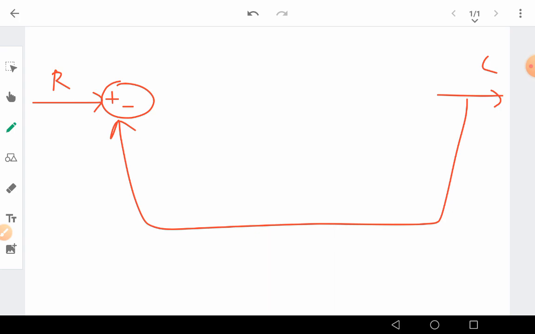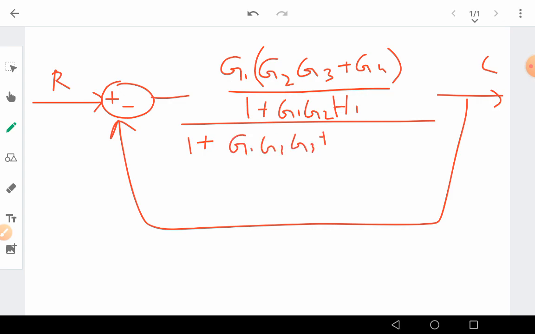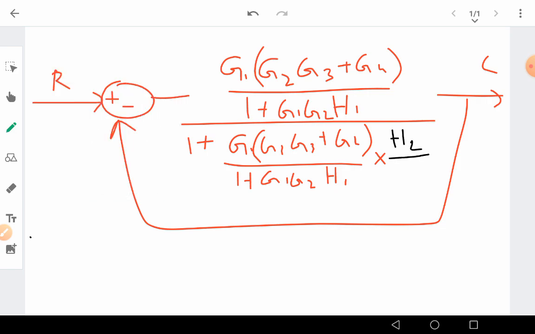Now we have simplified that thing into forward gain g1 g2 into g3 plus g4 divided by 1 plus g1 g2 h1, this was our numerator, divided by 1 plus the whole same thing, g1 g2 into g3 plus g4, this is the numerator again, divided by 1 plus g1 g2 h1, into the denominator. What was the denominator? h2 divided by g, this was the denominator.